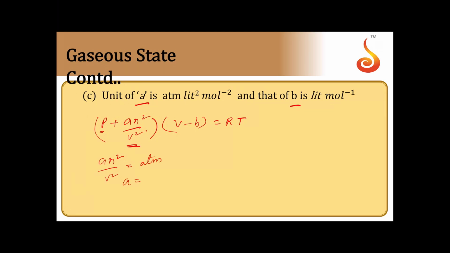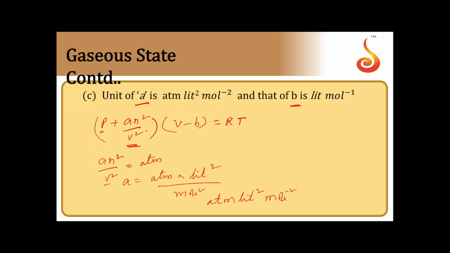Hence a must have units of atmospheres times volume squared, that is liter squared, divided by n squared, that is mole squared. Therefore the units are atmosphere liter squared per mole squared.